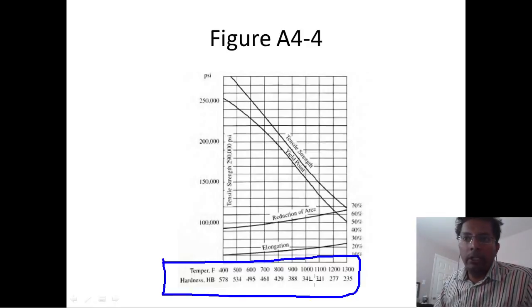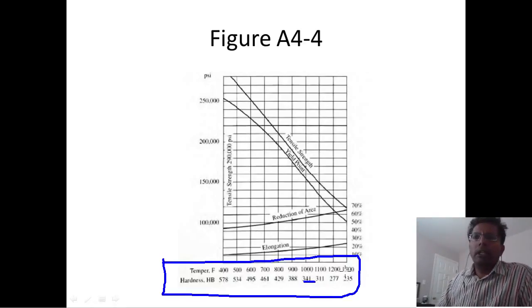So what you're going to do is, 333, right? So 341 is a good enough hardness, which is actually more than what we need. So we're going to pick somewhere over here or over here. If we want to be safe, we can go one step further, pick 900, but we are comfortable with an oil quenching temperature of 1000.